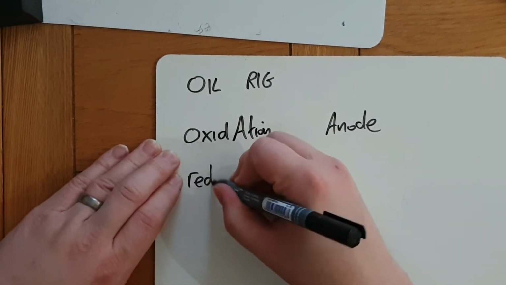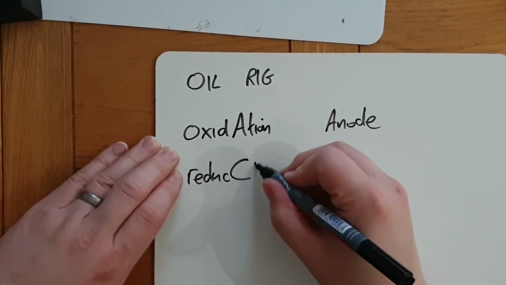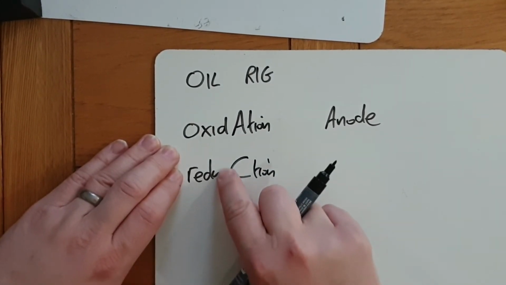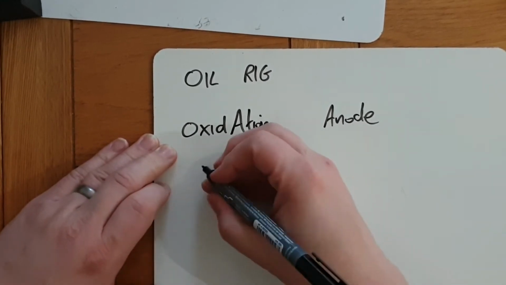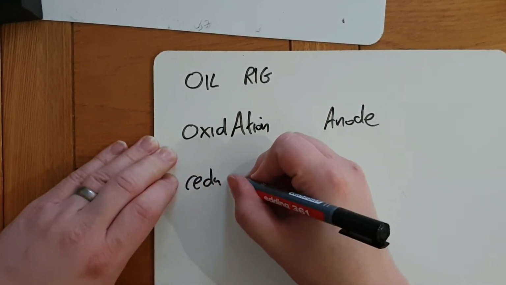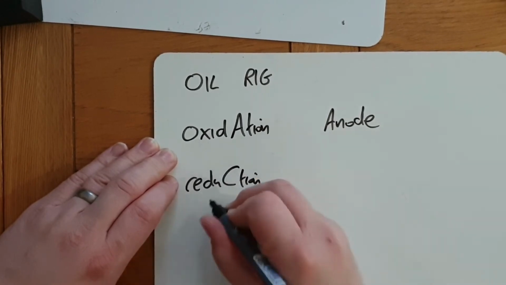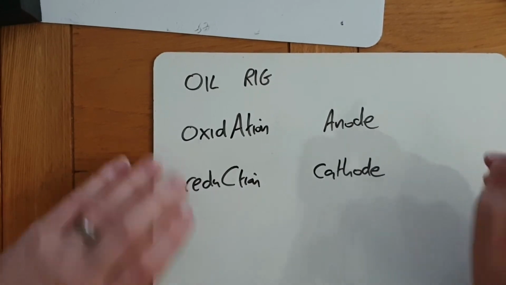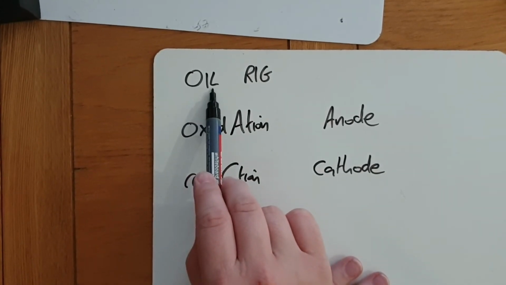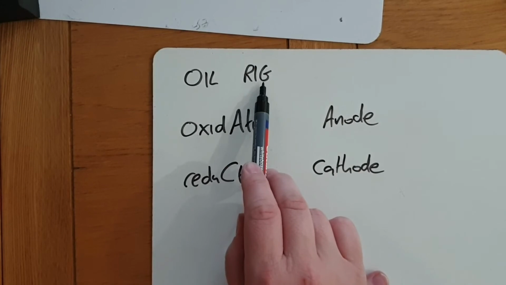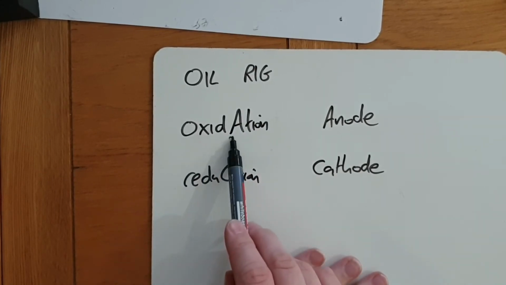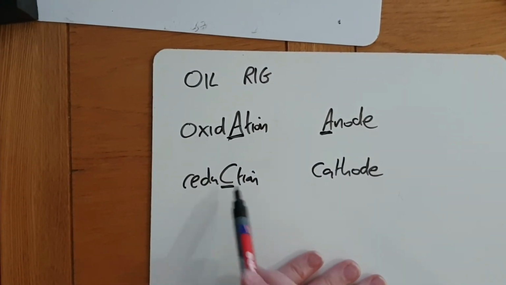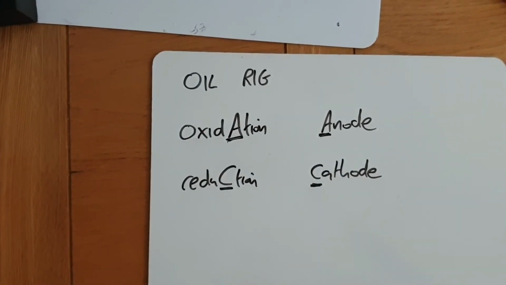And then you've got RED CAT, reduction, because reduction happens at the cathode. I've put two Cs in it, we'll just pretend that didn't happen. So oxidation is loss of electrons, reduction is gaining electrons, and oxidation happens at the anode and reduction happens at the cathode.